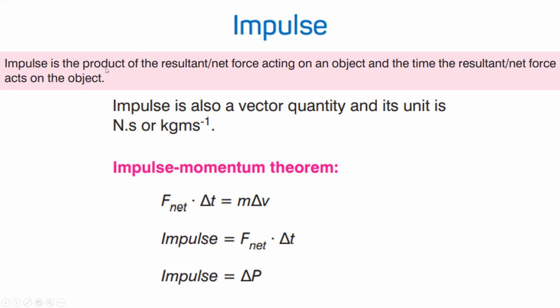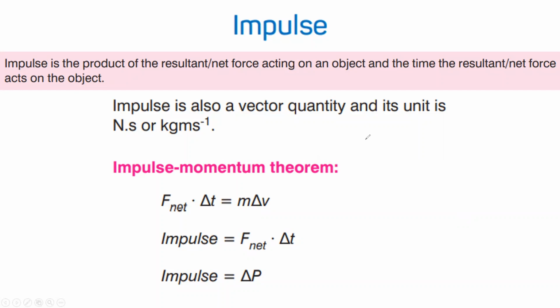What they said: product of net force and time. So we have another formula for impulse, force times delta t. We already know m times delta v is the change in momentum. As you see, we have another formula for impulse. How do we get that formula? It comes from Newton's second law.